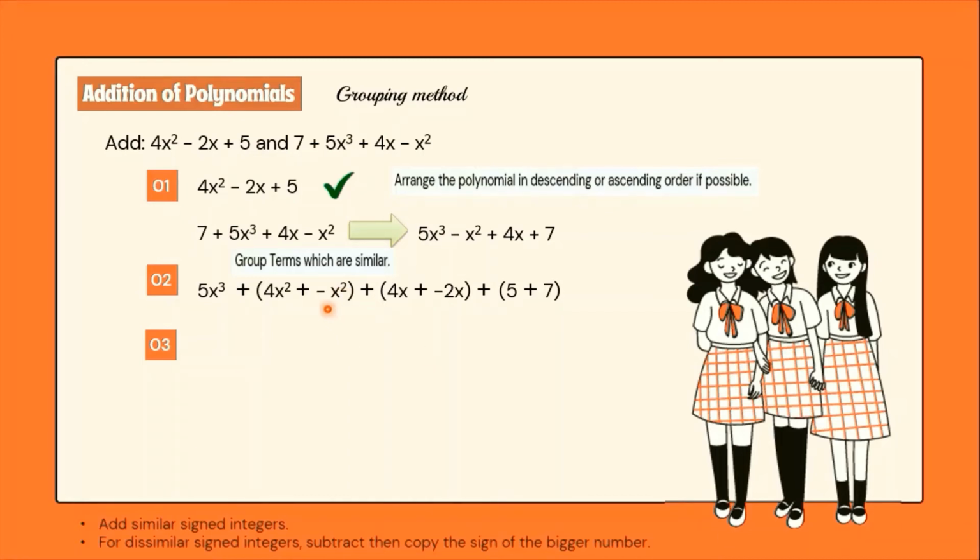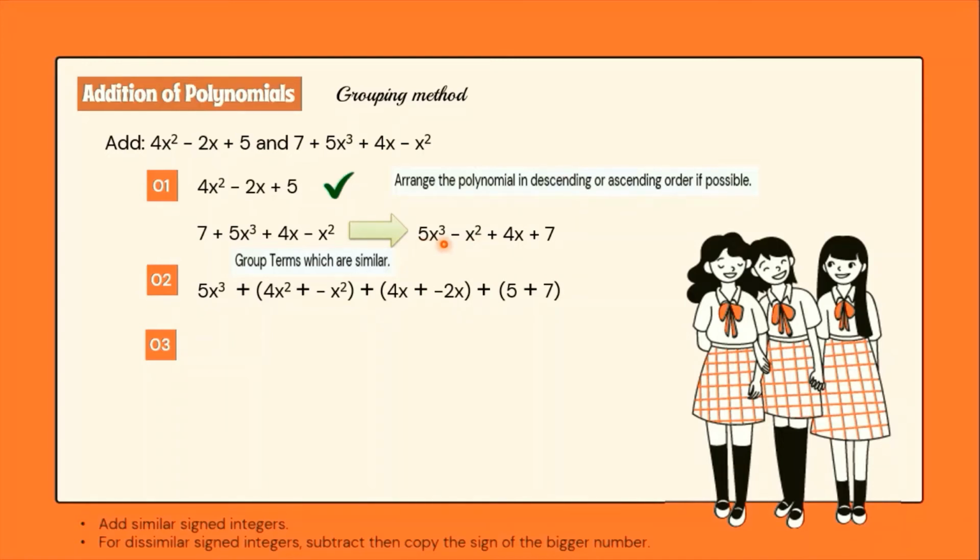So, question, bakit ito naging minus x squared? Tulad ng nabanggit natin sa lesson 3 for algebraic expressions, terms are separated by either minus or plus sign. Pero aside from separating terms, isa pang function nitong plus and minus sign ay to determine the sign of the term after them.